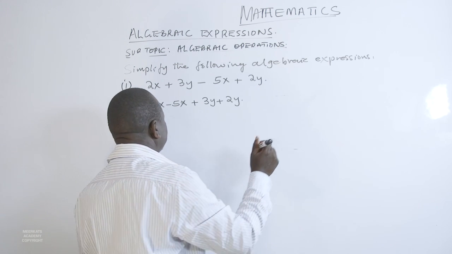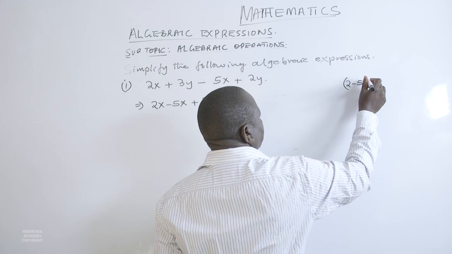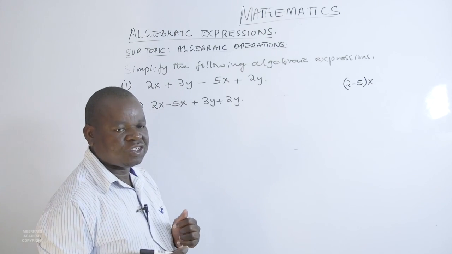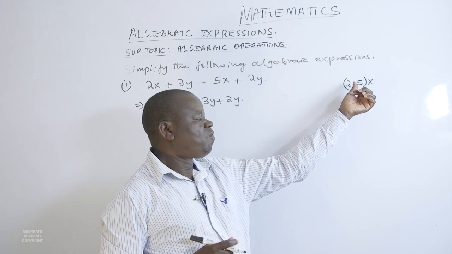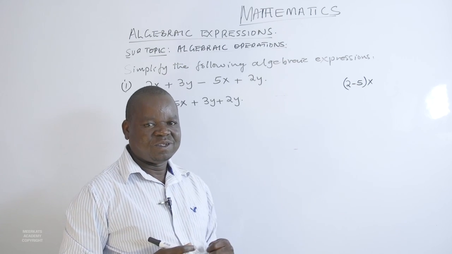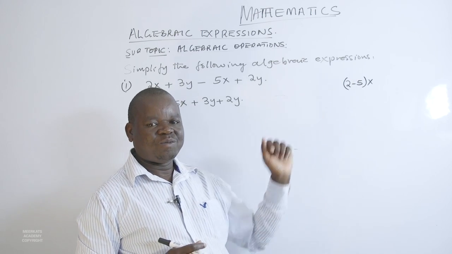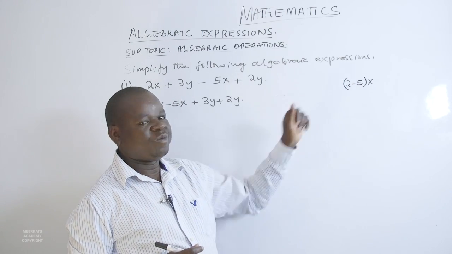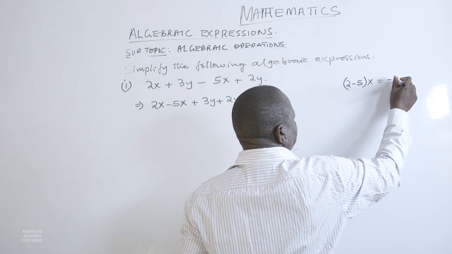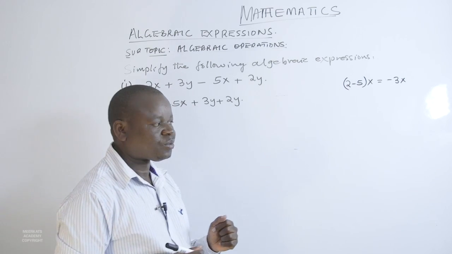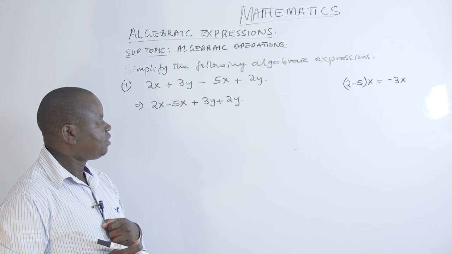Following the same basic procedures, I'll have 2 minus 5, then multiply by x. But remember, this is positive plus negative. Because this negative has a face value greater than the positive value, the result here will be negative. So here we get negative 3x.